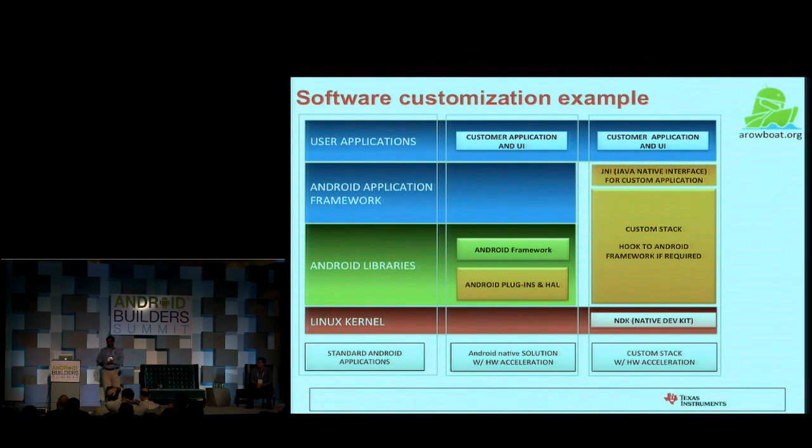This is a stack that we always present to customers: you have your customized framework, keep it separate, use NDK, use kernel APIs, and you can definitely achieve what exactly you need. Everything is not in Android for sure, but you can really build it, and it is very easy to do.